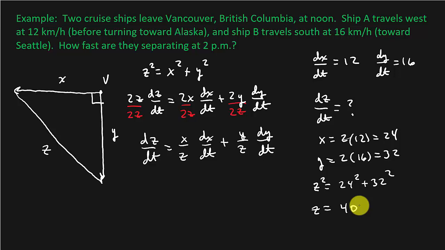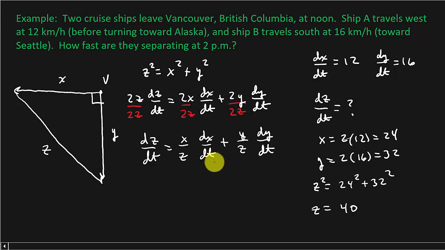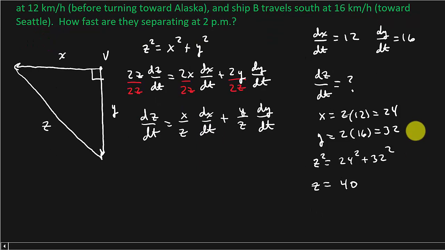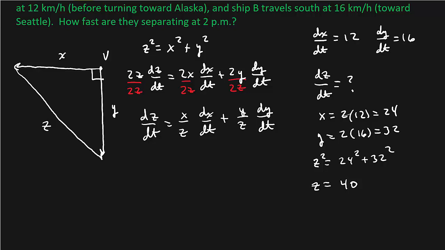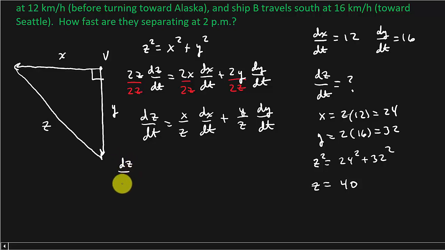All right, so there we go. So now we have everything. So all we do is plug everything into here. So we've got dz/dt is equal to x, which is 24, over z, which is 40, times dx/dt, which is 12, plus y, which is 32, over z, which is 40, times dy/dt, which is 16.